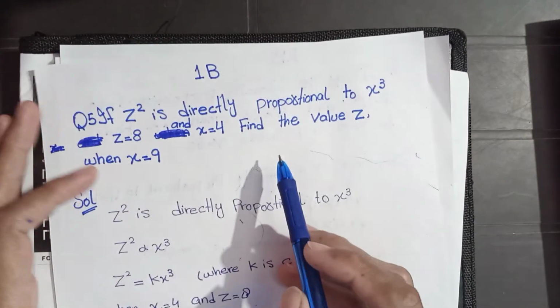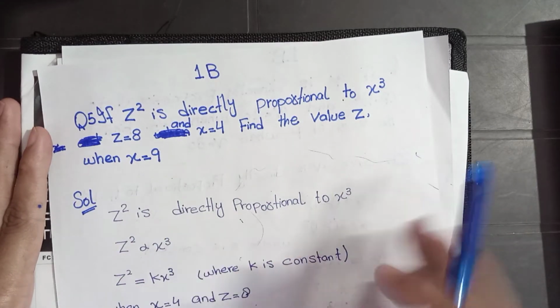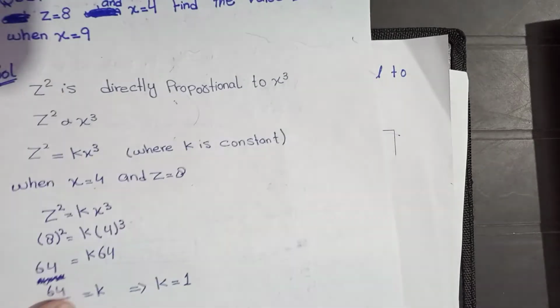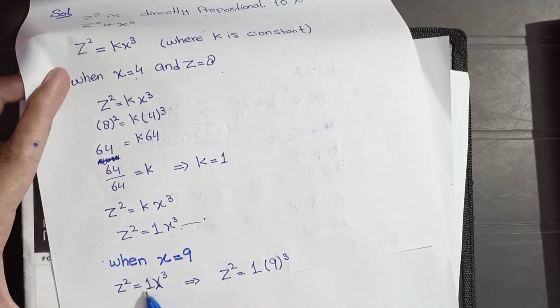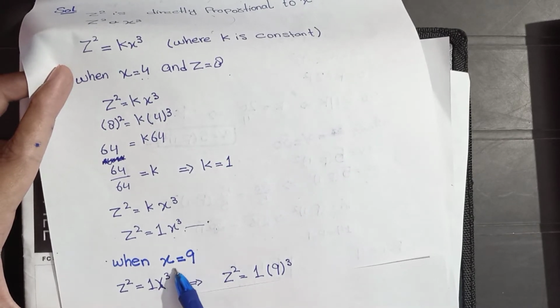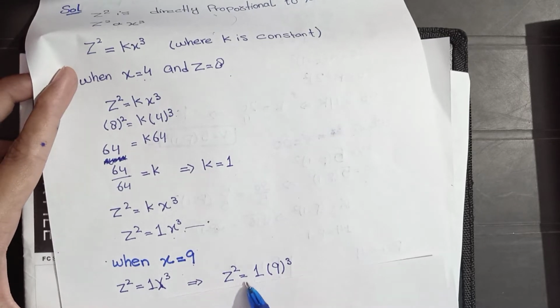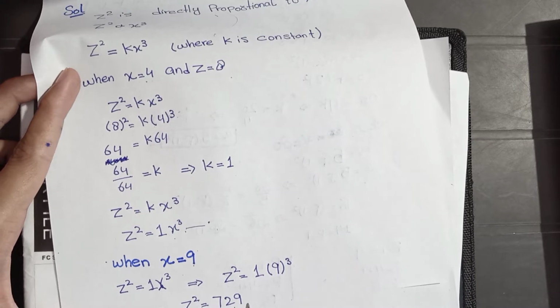The second part of this question: find the value of z when x is equal to 9. Z square is equal to 1 x cube. When we put the value 9, z square is equal to 1 times 9 cube, so z square is equal to 729.